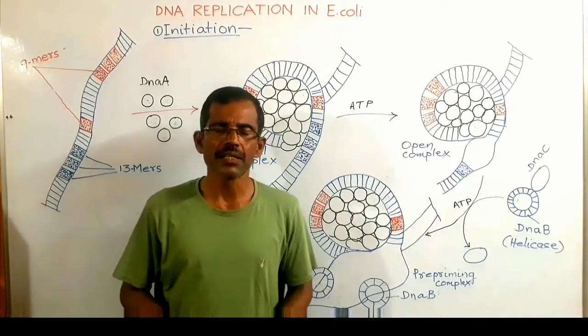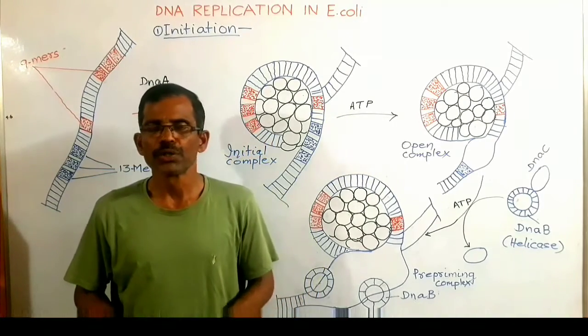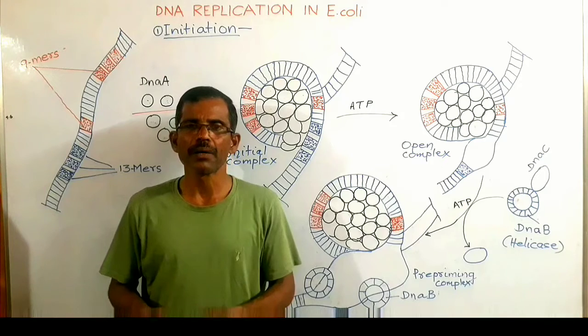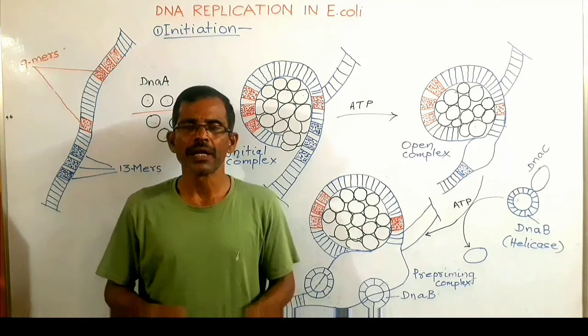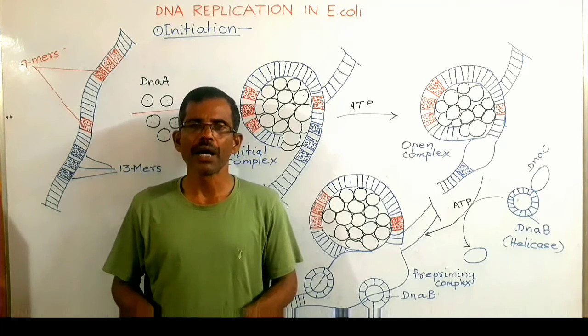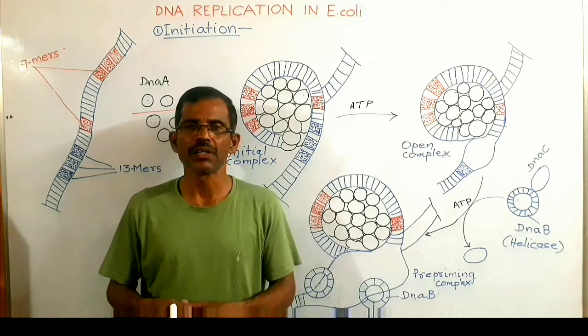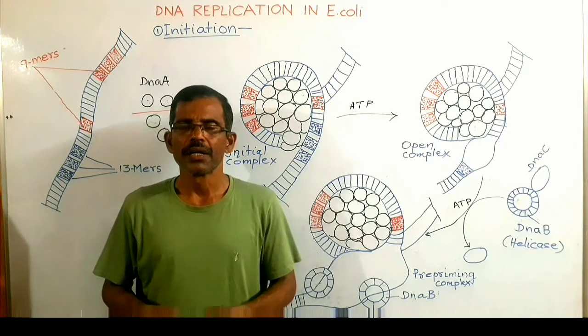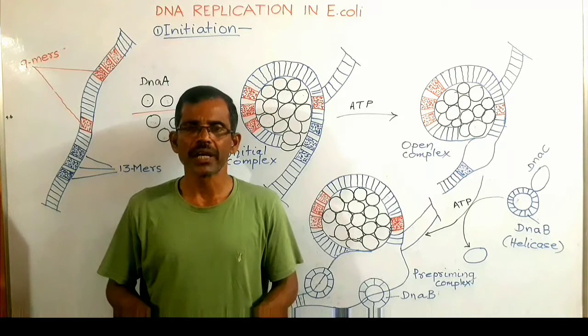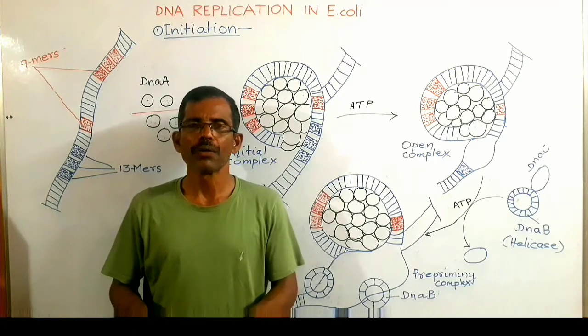Primase catalyzes the synthesis of short RNA sequences known as RNA primer. The RNA primer usually contains 10 to 11 nucleotides, and this primer provides a free 3-hydroxyl group to which DNA polymerase adds successive nucleoside triphosphates one by one.